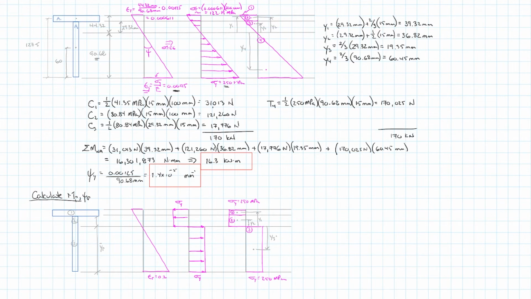So the first thing we need to do is figure out where the neutral axis occurs at this point of rupture. The one thing that we know is that because it's all at 250 megapascals, there's no elastic component in there, so when we do the sum of the forces in the z direction equals 0, therefore C must be equal to T. C is equal to the area in compression multiplied by sigma y, and T is equal to the area in tension multiplied by sigma y.